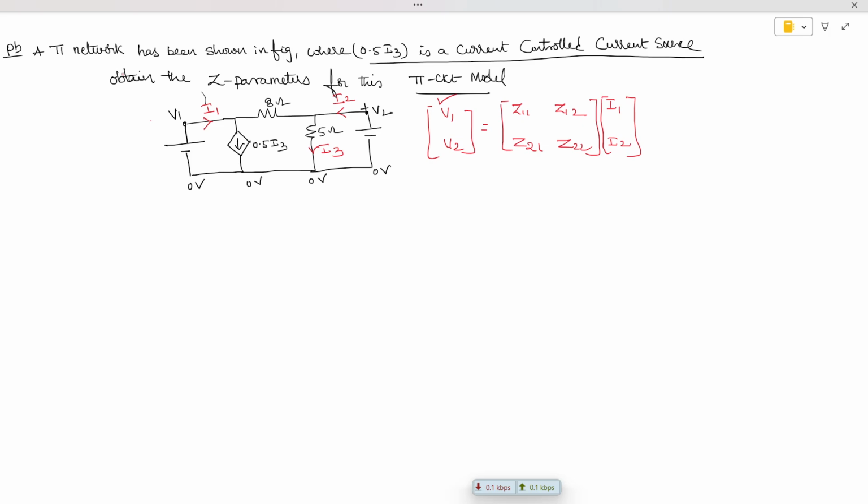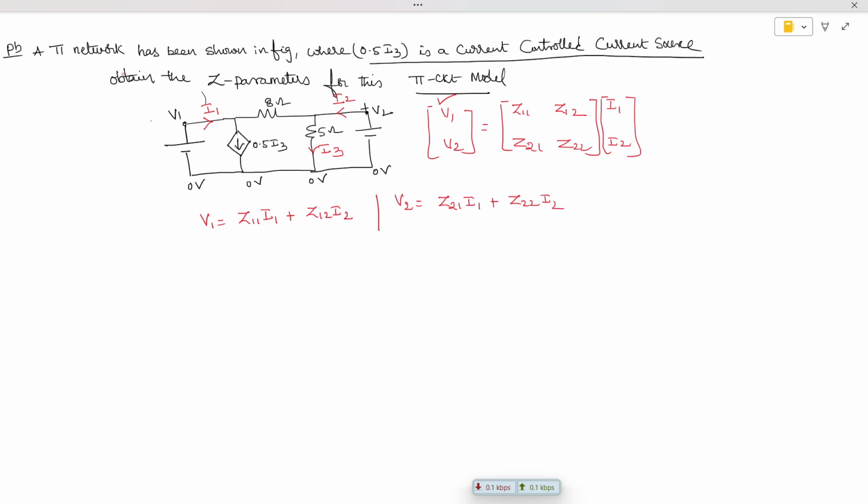Therefore, the basic equations are V1 is equal to Z11 I1 plus Z12 I2, that is one equation. Second equation, V2 is equal to Z21 I1 plus Z22 I2.